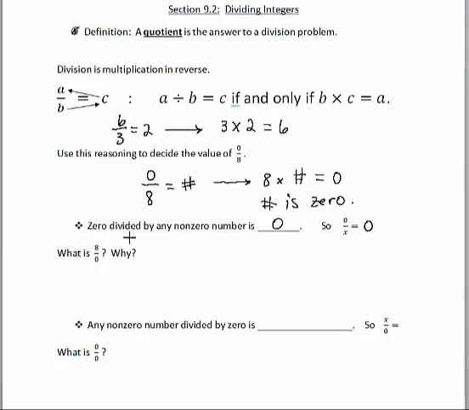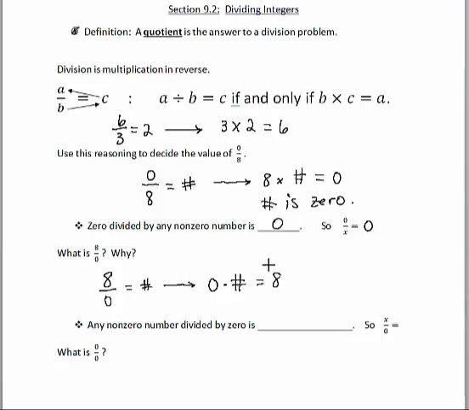Okay, so the second situation that we can run into is 8 over 0. Well, what number does that equal? We'll use the same reasoning for this question, and we'll say, well, let's rephrase it as a multiplication problem. 0 times the number equals 8.